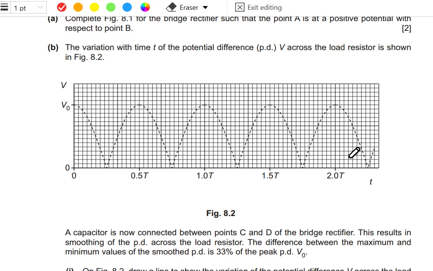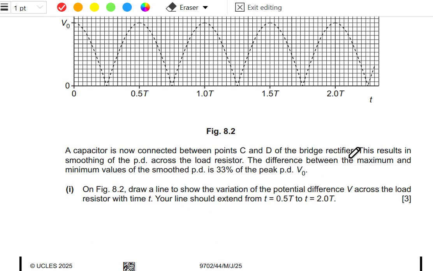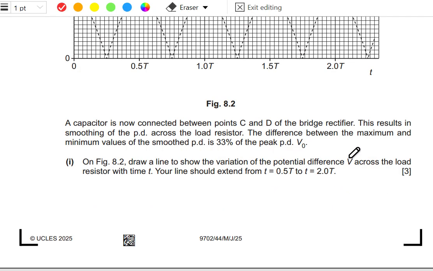Variation with time of potential difference across load resistor is shown. A capacitor is now connected between C and D of the bridge rectifier. This results in smoothing of potential difference across the load resistor. Difference between max and min values of smooth V is 33% of peak V naught.